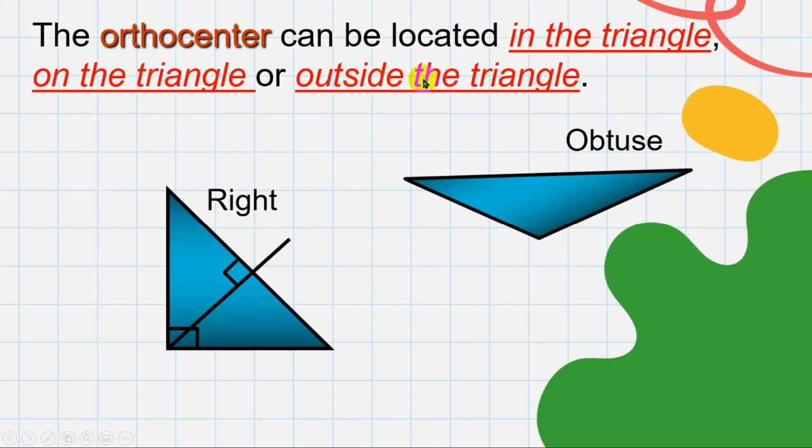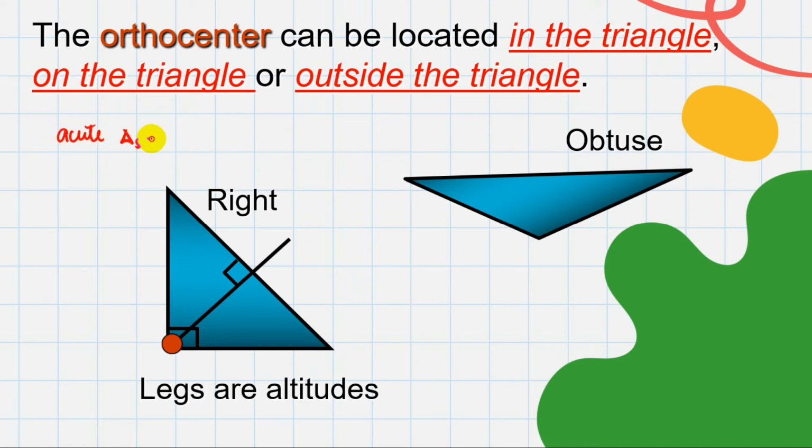Again, ito yung mga kailangan tandaan. The orthocenter can be located in the triangle. Kailan siya in the triangle? Kapag meron tayong acute triangles, ang orthocenter ay in or inside. Kapag naman right triangles, nasa legs mismo or nasa triangle mismo, on the triangle itself.